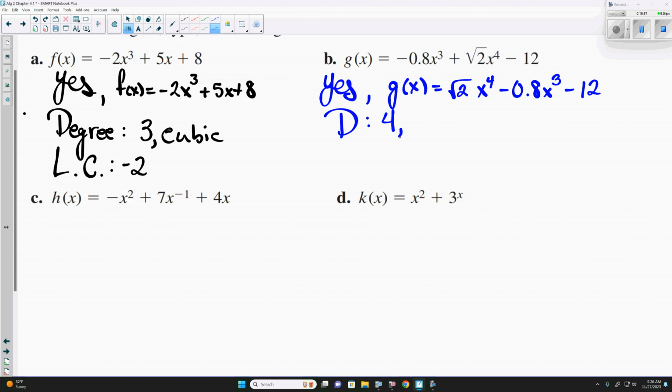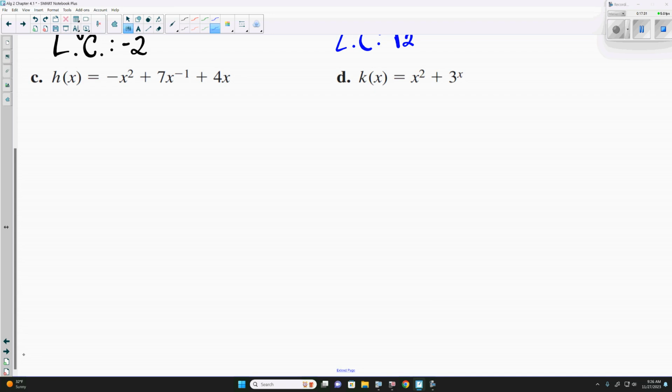And 4 is a quartic. And the leading coefficient would be the square root of 2. Leading coefficient is the number in front of the variable with the biggest exponent. Questions on A or B? We're ready for C and D.